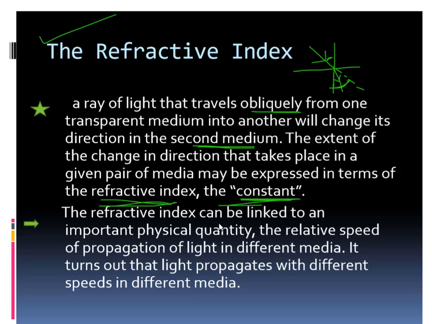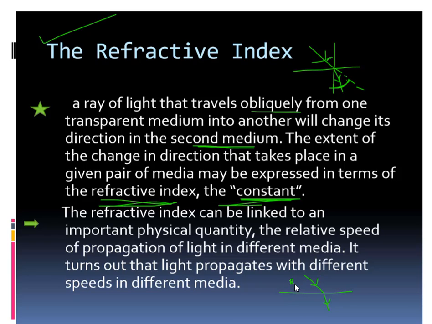The refractive index can be linked to an important physical quantity, the relative speed of propagation of light in different media. It turns out that light propagates with different speed in different media. As we saw here, why does the bending of light take place when light travels from one medium to another medium? This is due to the difference in density between two media.